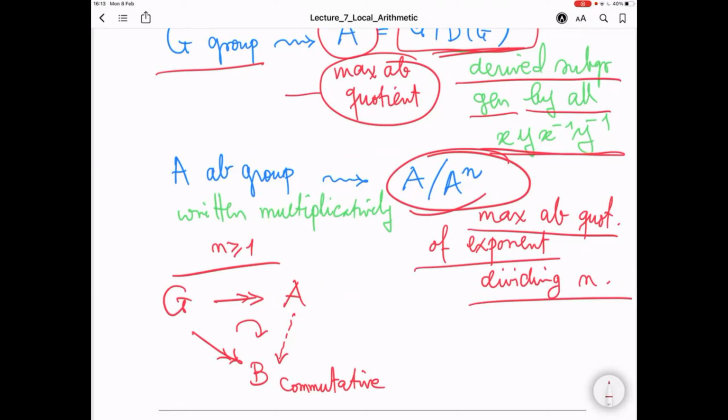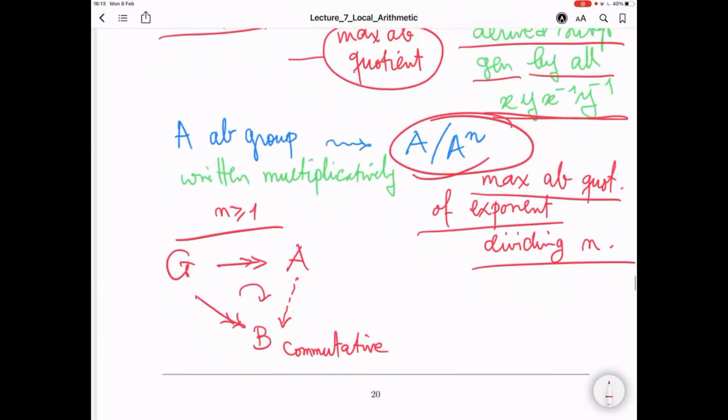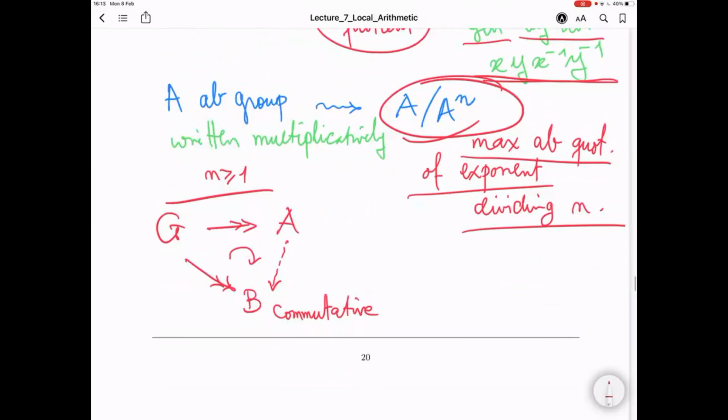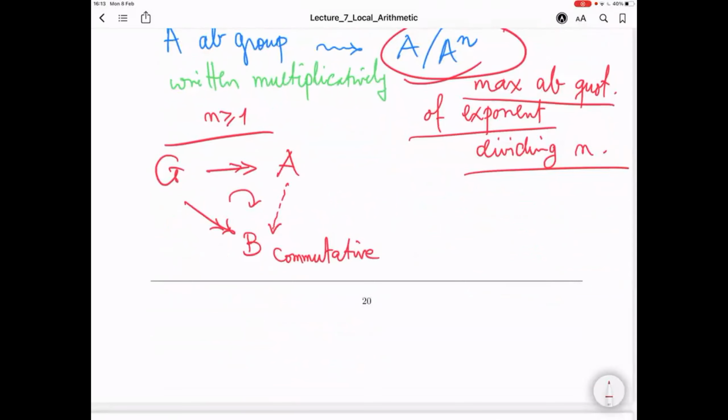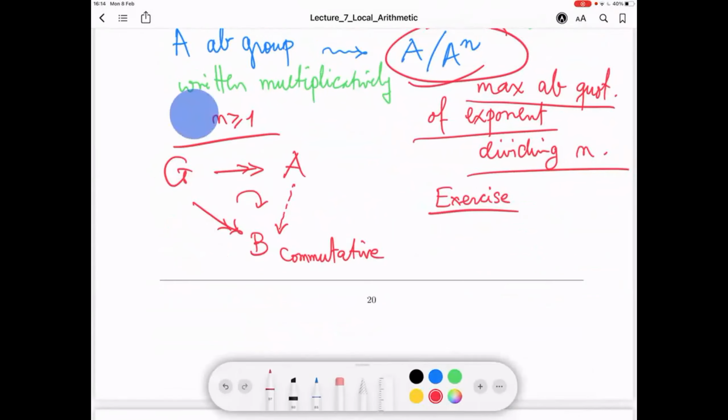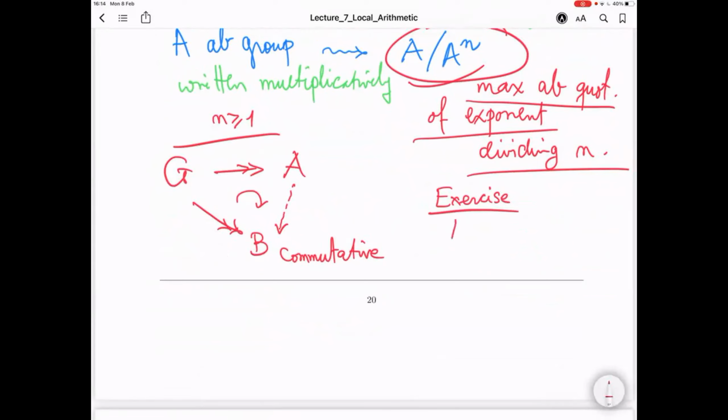So for example, here is an exercise. If your A is this group Zp star, what is A modulo A to the n?